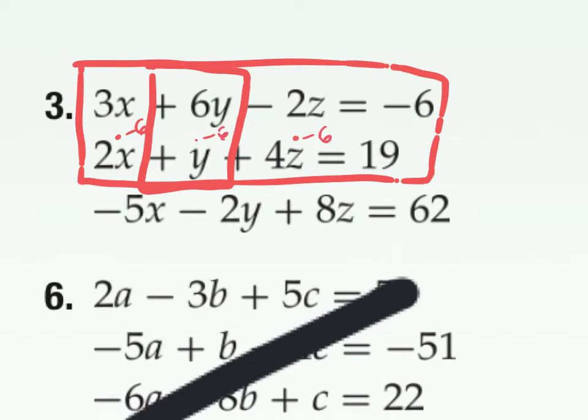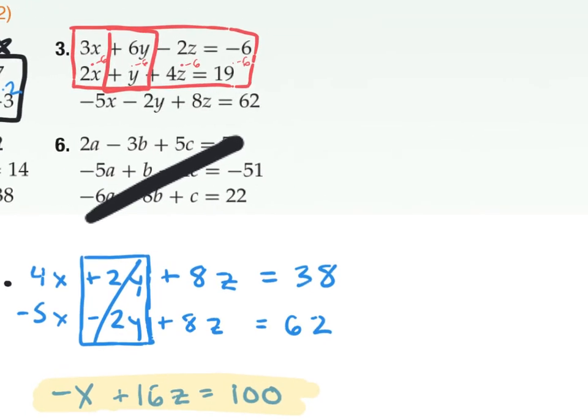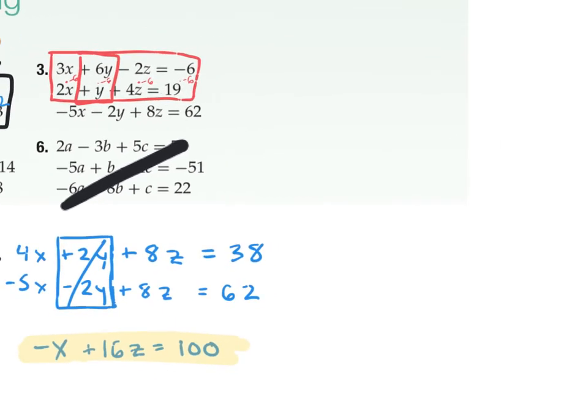So I'm going to rewrite our first equation. That is 3x plus 6y minus 2z is equal to negative 6. Our new second equation, what's 2x times negative 6? Negative 12x minus 6y. What's 4z times negative 6?